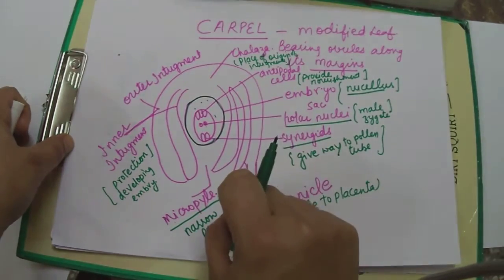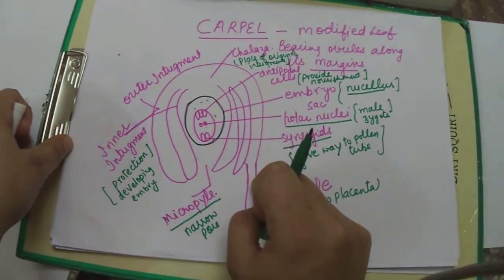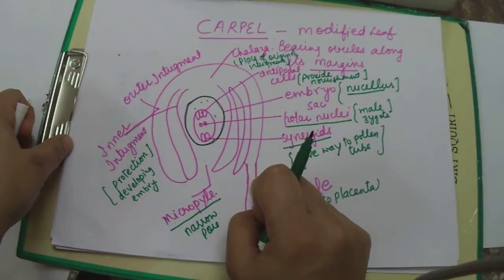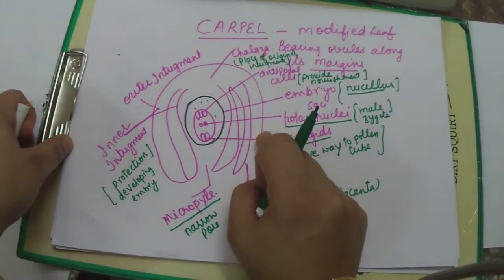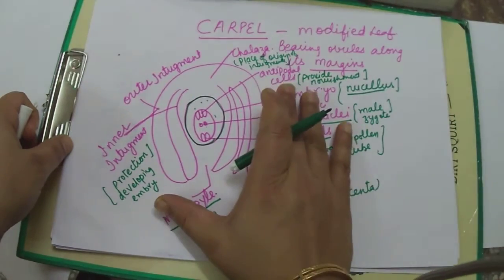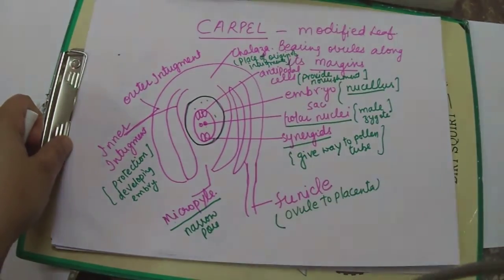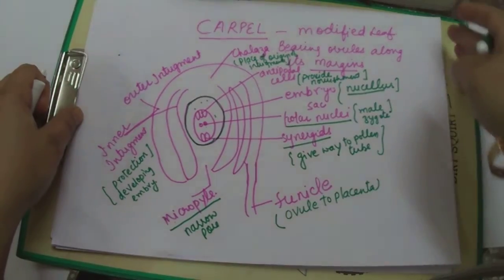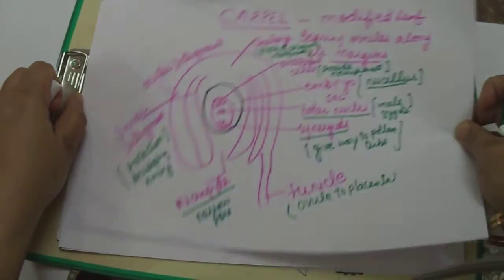Depending upon the shape and orientation of the ovule in angiosperms, we can classify ovules into 6 different types. Let us discuss one by one.